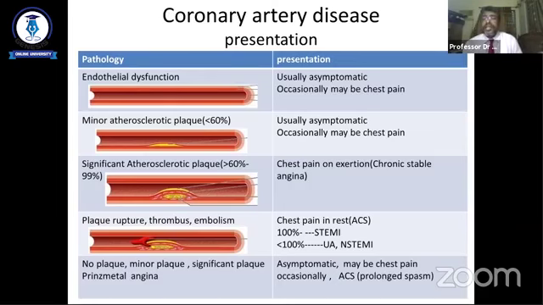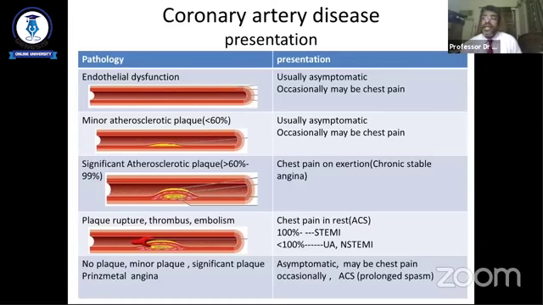Usually the atherosclerotic plaque burden is increasing day by day, and there is increasing obstruction of the coronary artery and reduced blood flow through it, which leads to the development of chronic stable angina.